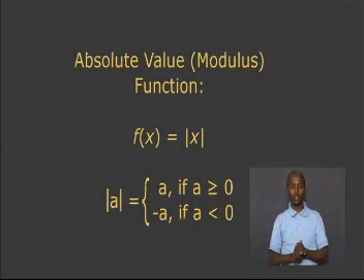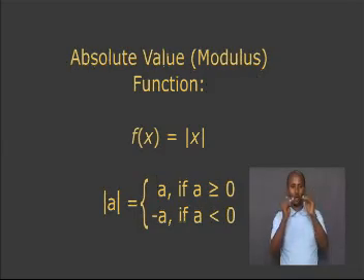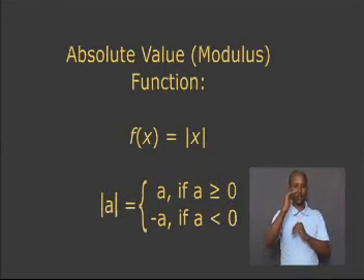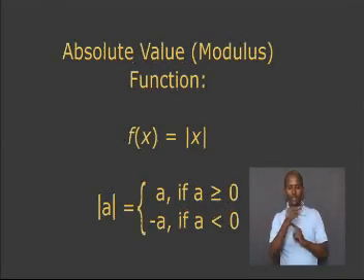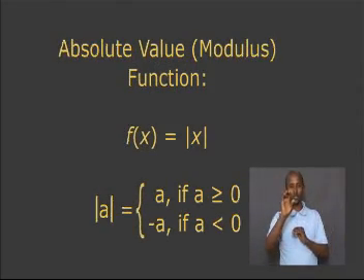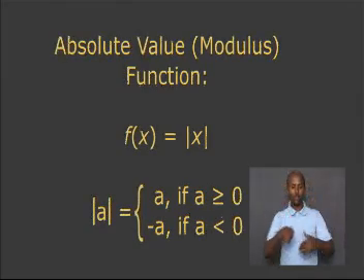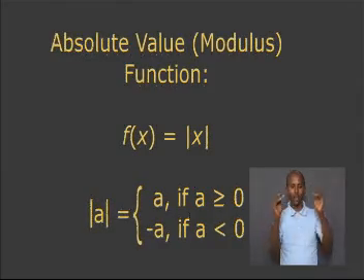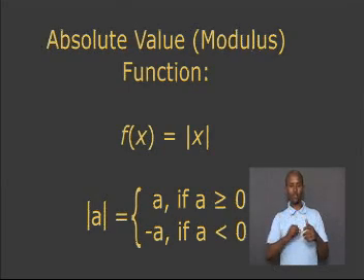The absolute value of a is equal to a if a is greater than or equal to 0 and negative a if a is less than 0. In other words, the absolute values for x and negative x are equal for any x in the set of real numbers.